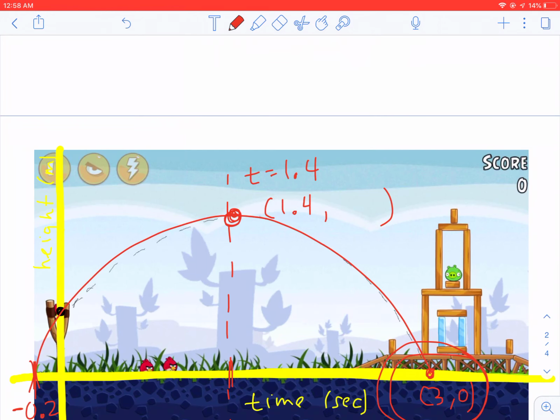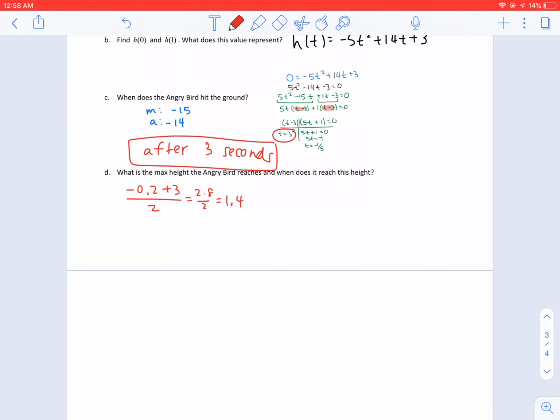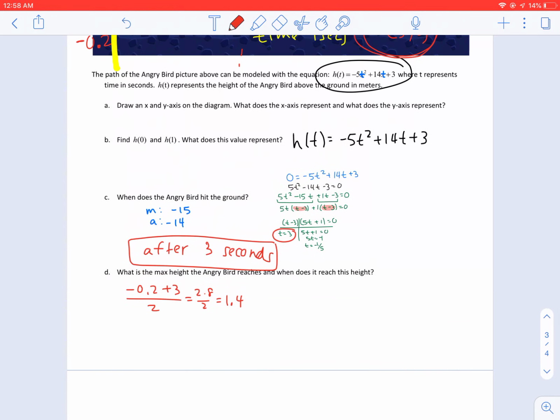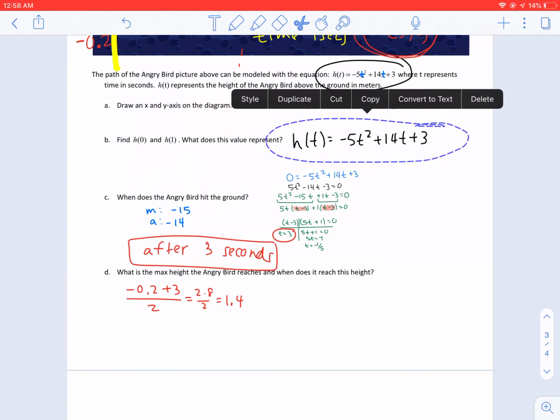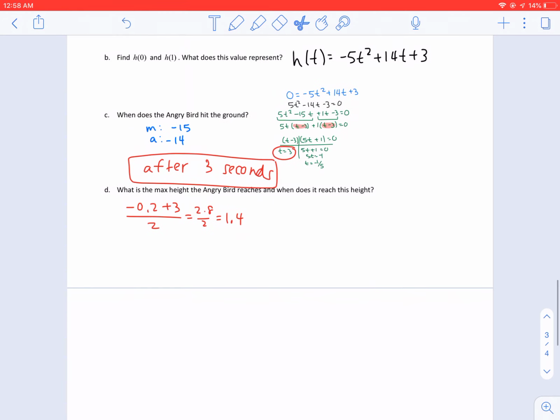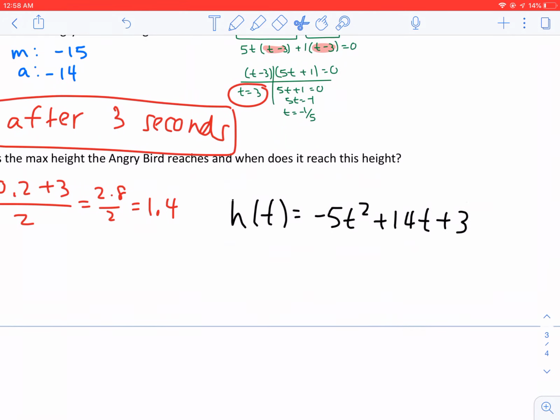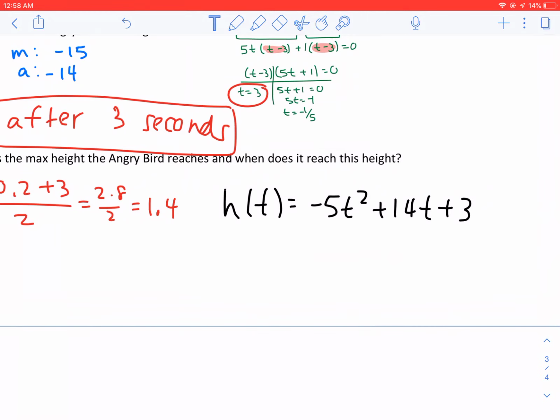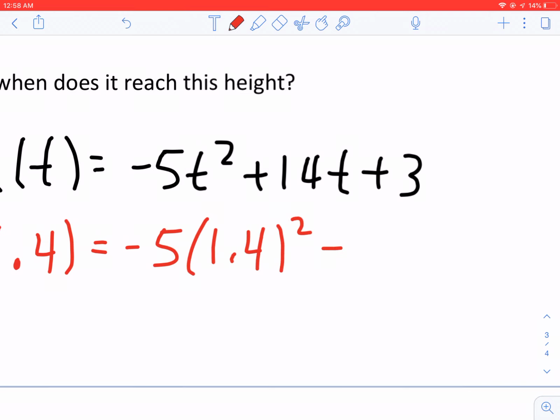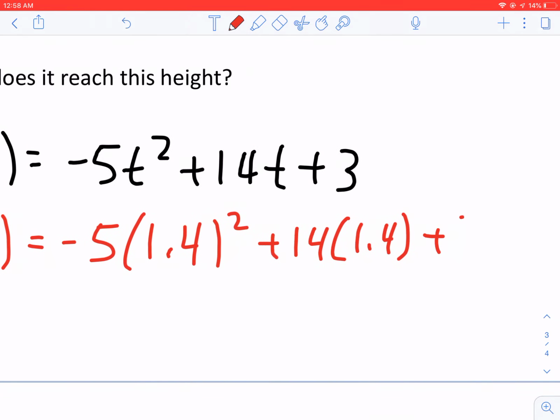To figure out what the actual height is, all I have to do is plug in that 1.4. So if I copy this equation, bam, paste it here, we are doing h of 1.4. That would be negative 5 times 1.4 squared plus 14 times 1.4 plus 3.